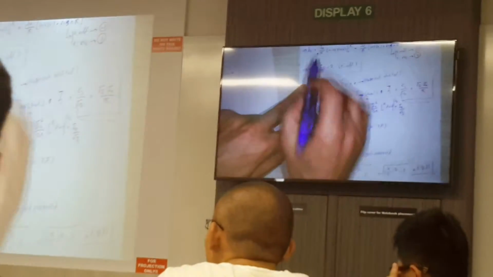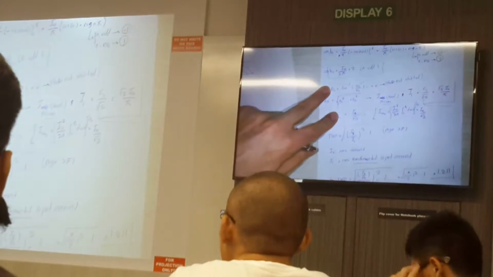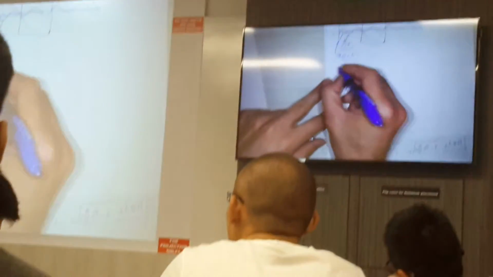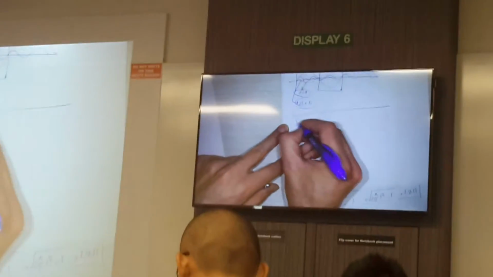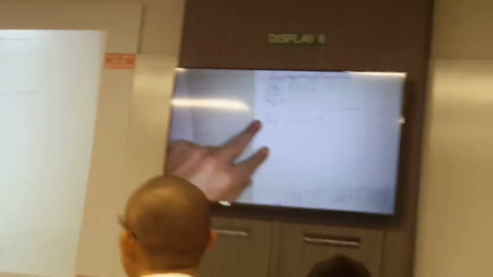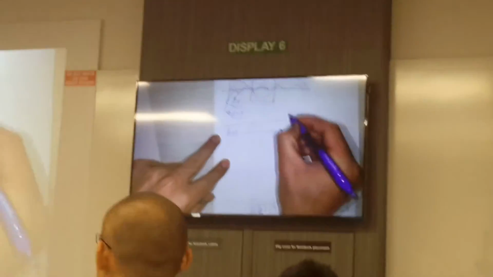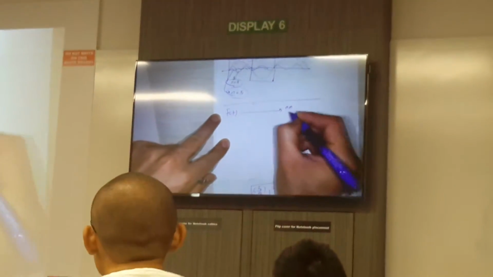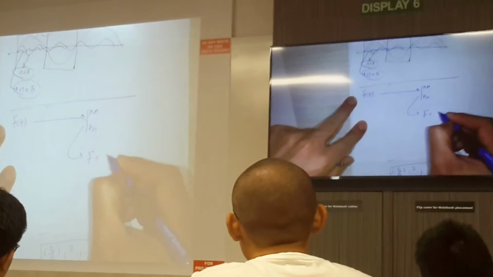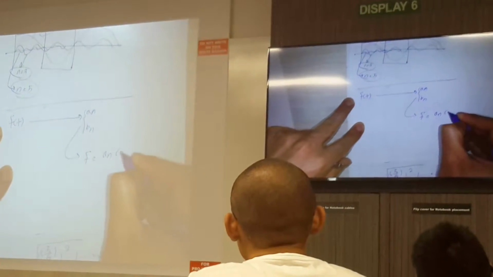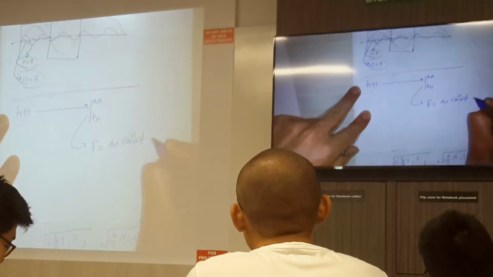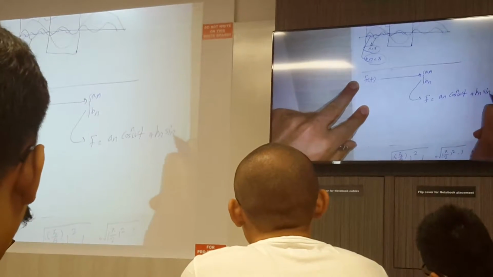So I can say that if I have a signal in the time domain and I want to calculate its Fourier transform, I will have the parameters An and Bn. So here f is equal to An cosine n ωt plus Bn sine n ωt.